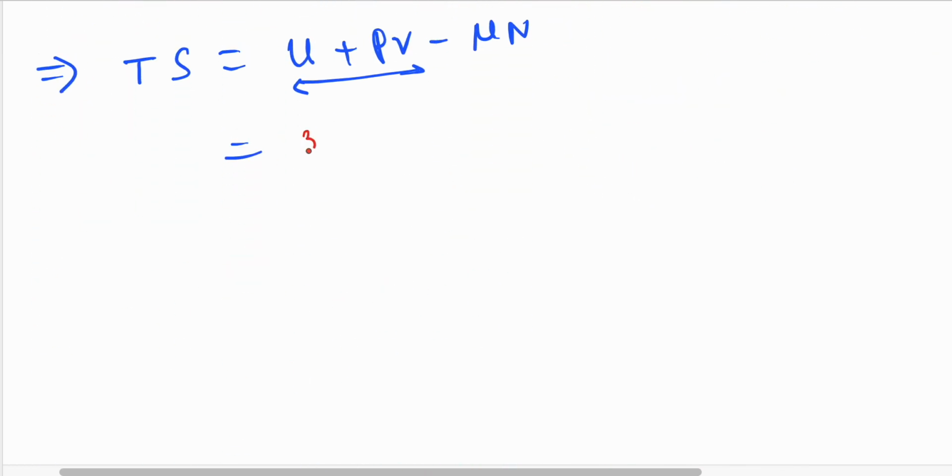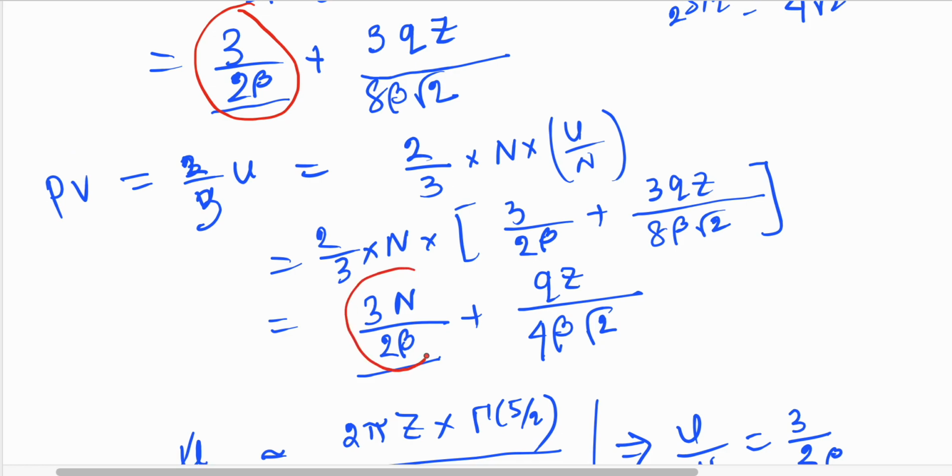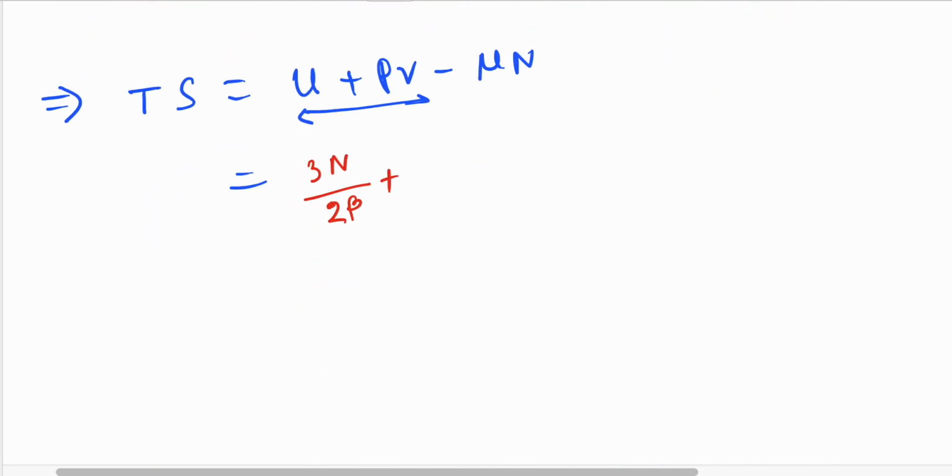So let me write it there: 3n by 2 beta plus the value of pv. The first part of pv is n by beta, and then the mu n.